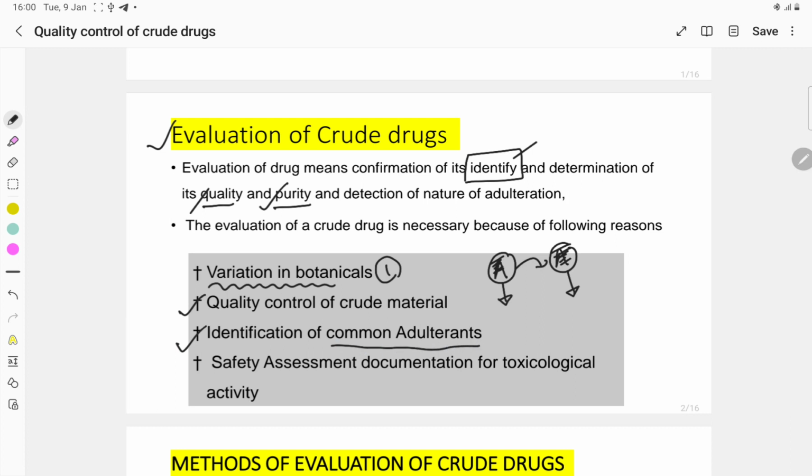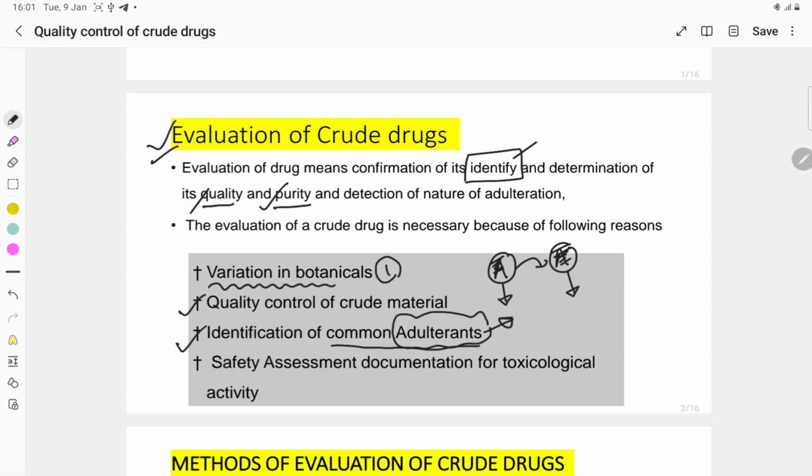Adulterants are substances that are added partially or wholly to the genuine substance to bring more profit. Due to the addition of adulterant, the drug quality becomes substandard or deteriorated. That can be identified by evaluation of the crude drugs.